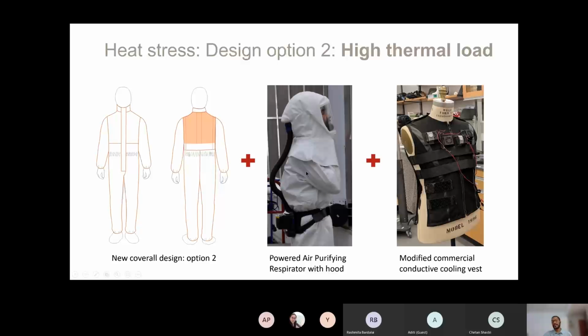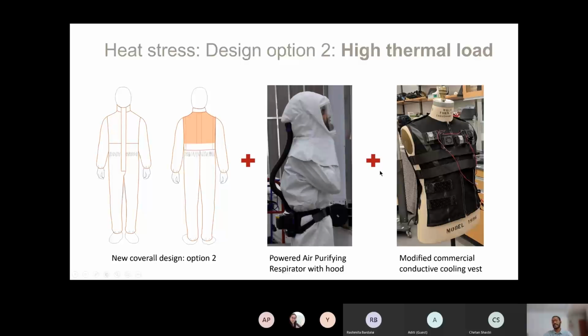What we found is that in spite of it being effective in a confined environment, if the immediate environment had high radiant heat or was itself at a high temperature, then this device would not be effective at blowing cool air inside the suit and keeping the individual thermally comfortable.